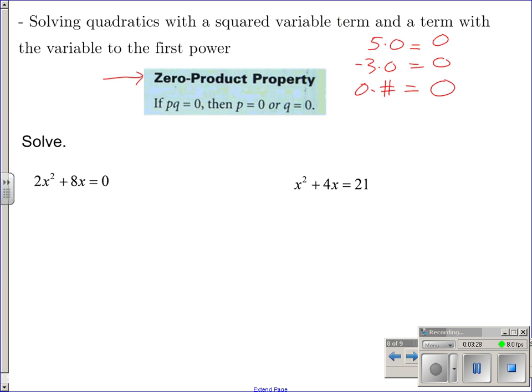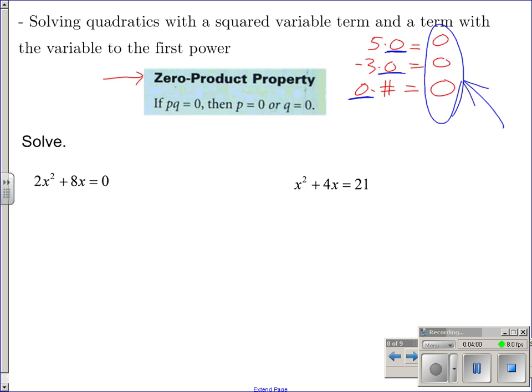The key part is that everything is equal to 0. When you have factors, things multiplied together, getting an answer of 0, you've got to have 0 somewhere in there as one of the factors. There's no way you're going to multiply two numbers together and get an answer of 0 unless one of them is 0.